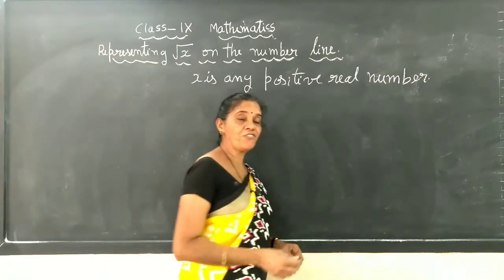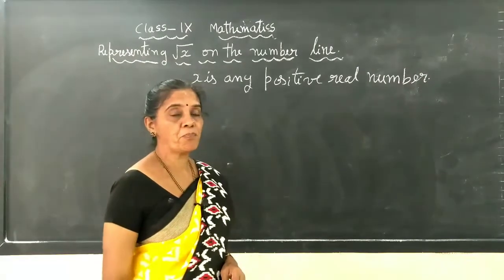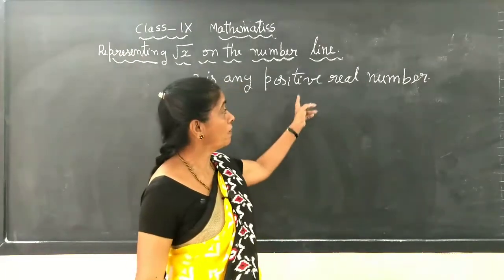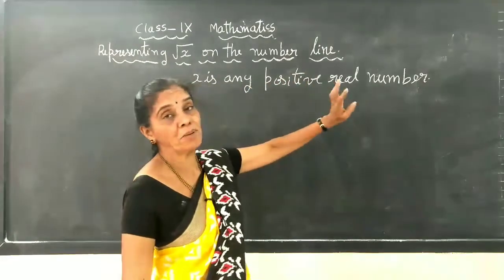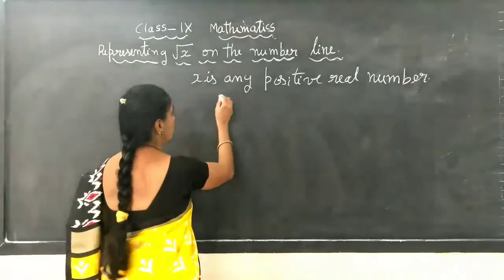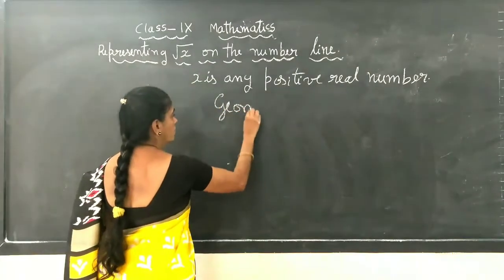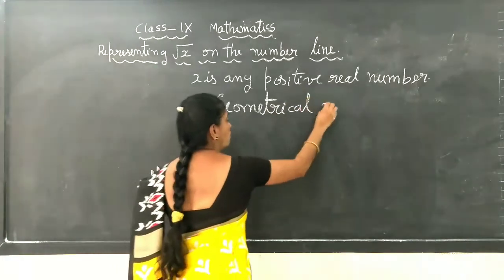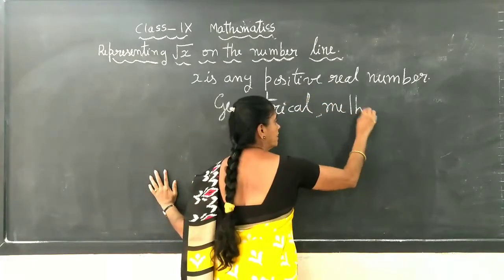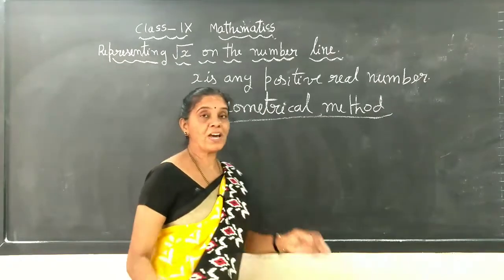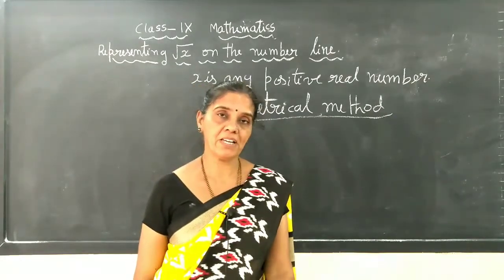Whichever form it is, square root of whichever positive number, we can show it by which method? Geometrical method. We will use the geometrical method. By using the geometrical method, we will represent any given square root number on the number line.